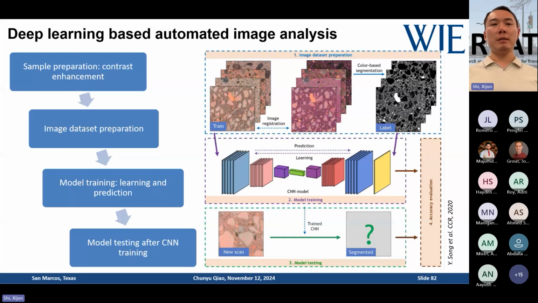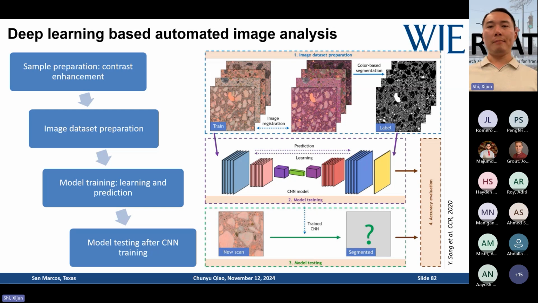But with a machine, if you train your computer to learn what an aggregate, an air void, and a paste region look like under the microscope or in this image, after rounds and rounds of training and learning, probably the computer can eventually pick it up and do the job for you, and you can get it done maybe in a minute.